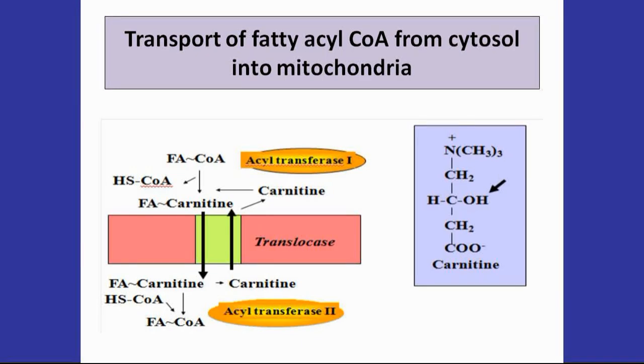Thus, to transport this fatty acid into the mitochondria, we need one specialized carrier system. This carrier system is also known as the carnitine carrier system or carnitine shuttle, which will operate to transport this activated fatty acid, the fatty acyl CoA formed in the cytosol, from the cytosol into the mitochondria.